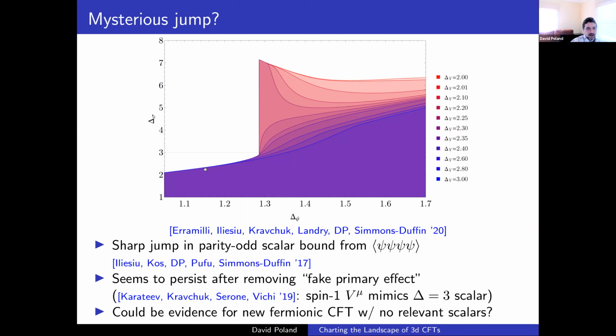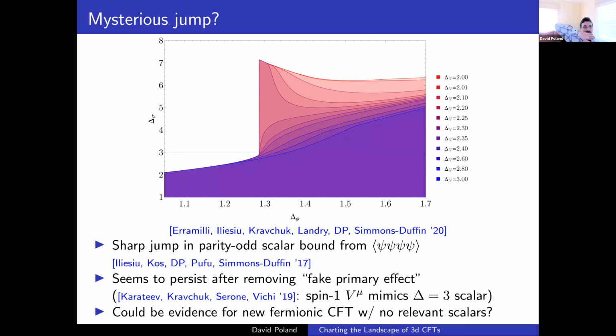And then it goes up, goes up, goes up. And then at some point it has this very sharp jump. Jumps from a little below 3 up to 7. And then it keeps going to the right. So this is a very curious thing. You ask, what is the interpretation of this really sharp jump in the bootstrap bounds?